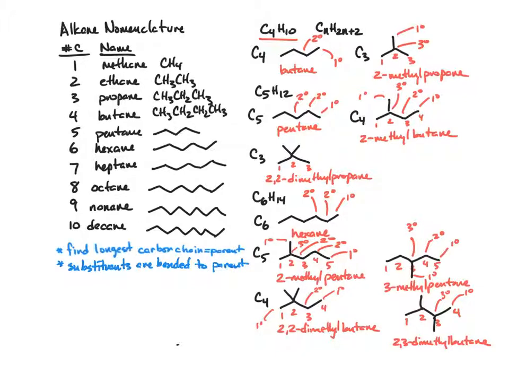And so they're named, in this case for alkanes, you're basically dropping the ANE and changing it to YL. So methane becomes methyl, ethane becomes ethyl, propane becomes propyl, etc. And then you're going to number the location of the substituent.